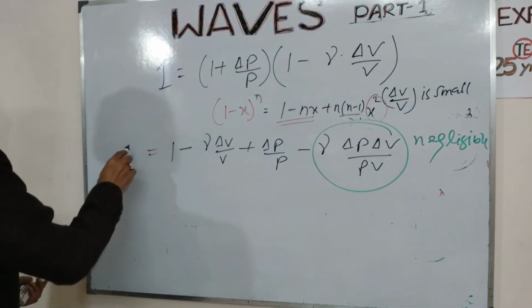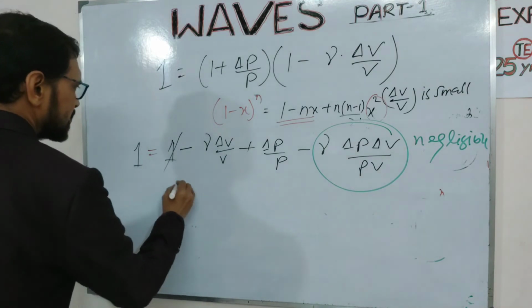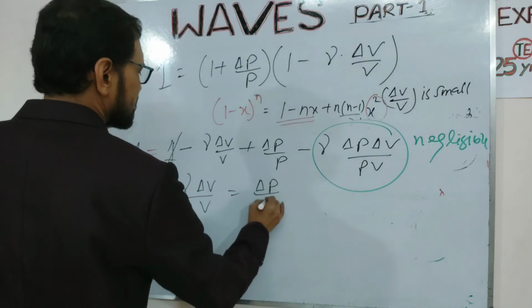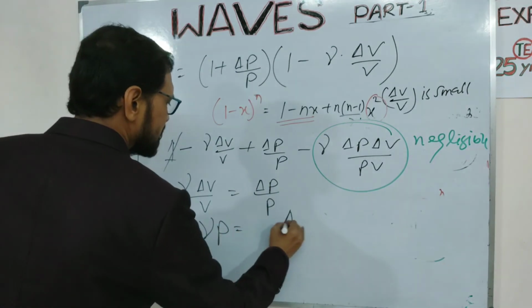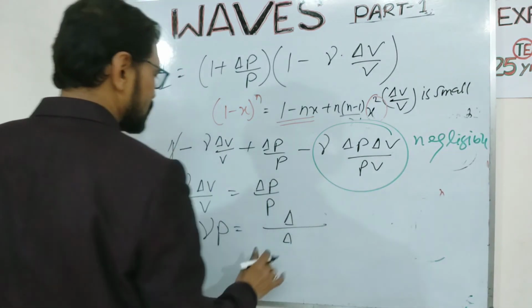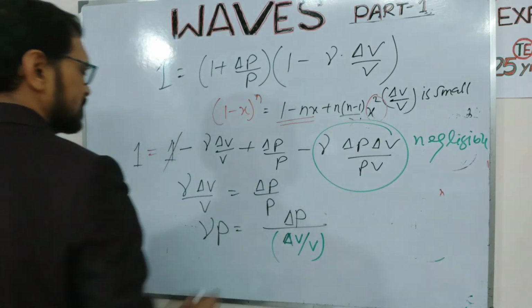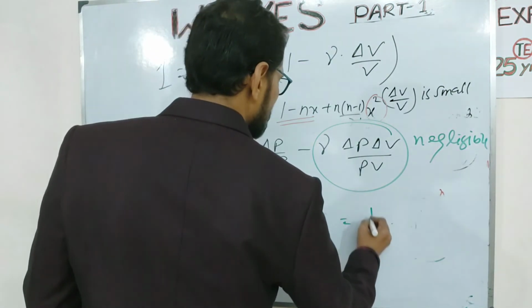Now 1 equal to 1 cancel. So here we get gamma del V by V equal to minus del P by P. So gamma P equals minus del P by del V by V, which is the bulk modulus.